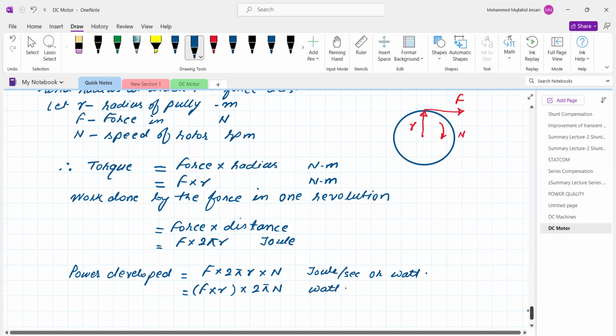So this is the power. Now 2 pi N is the angular velocity, which is denoted as omega in radian per second.